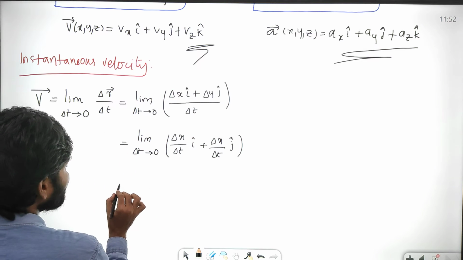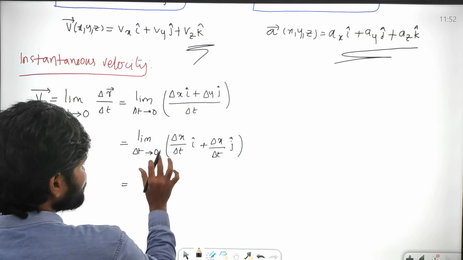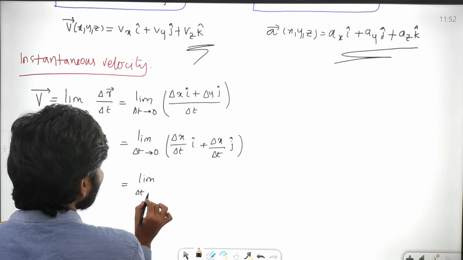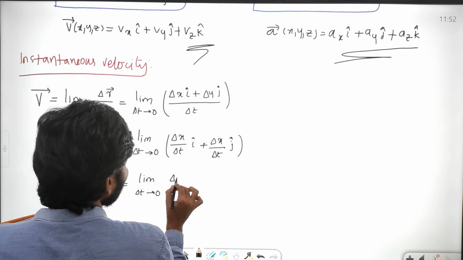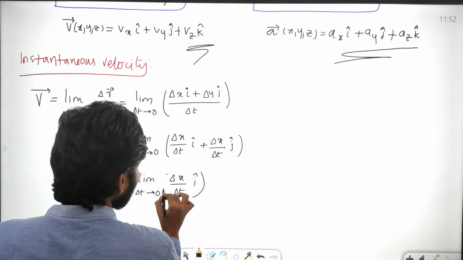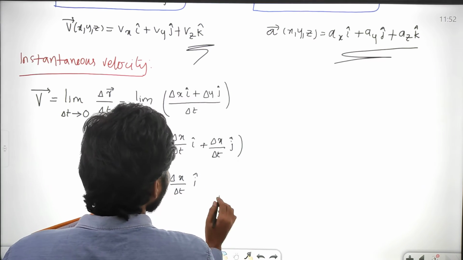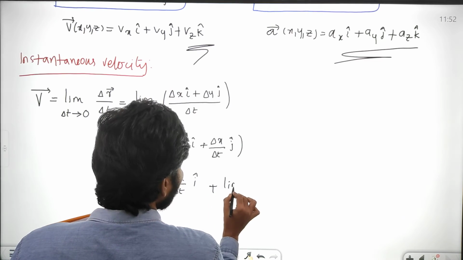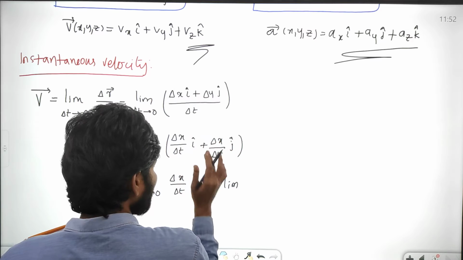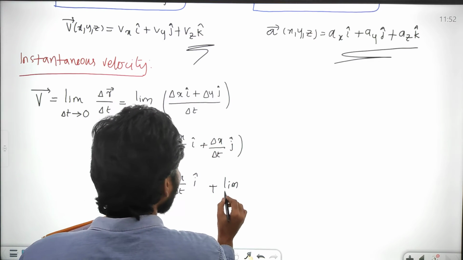I am taking the limit over these two components.